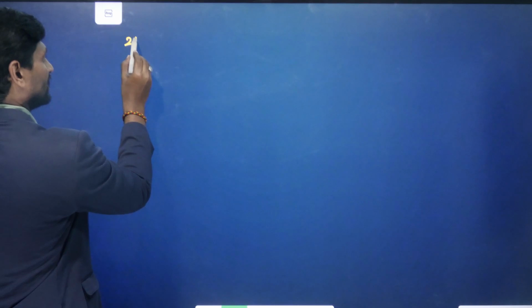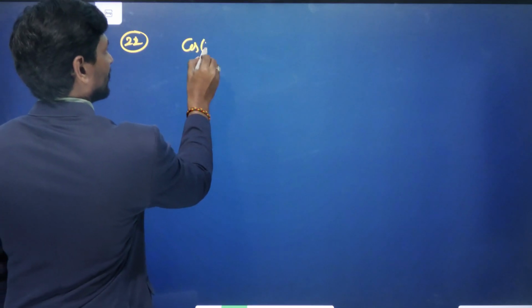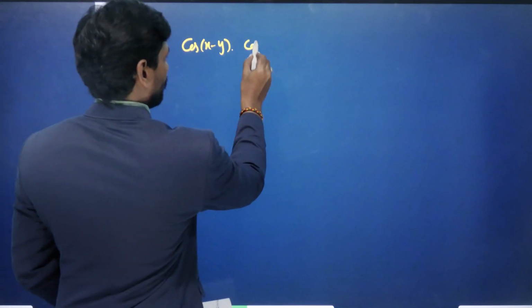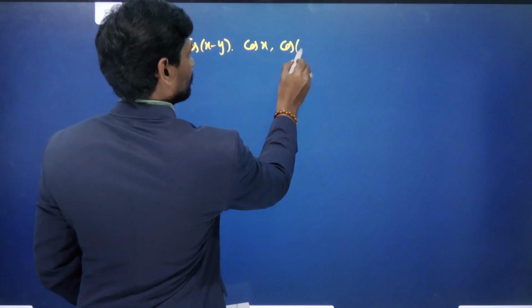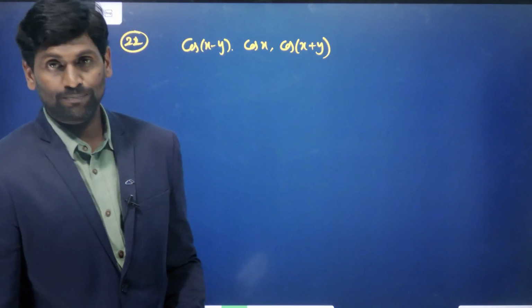So that is the 22nd problem. It is given that cos x minus y, cos x, and cos x plus y, these three are in HP, nothing but harmonic progression.